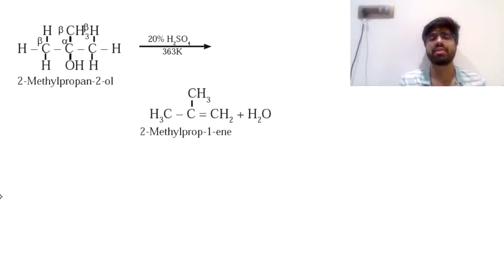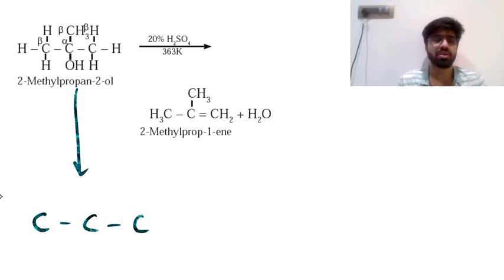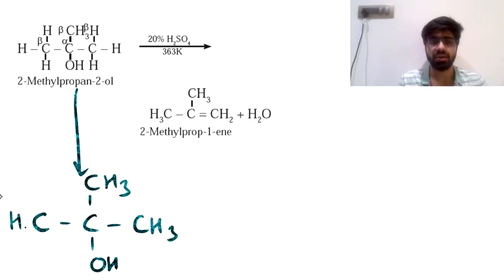In a similar way, check this tertiary alcohol case. Let's write that compound properly. It is 2-methyl propan-2-ol. So propanol means 3 carbon atoms, and on the second carbon there is a methyl as well as OH. So there is a methyl group here, OH group here, CH3 here and CH3 here. This OH is attached with a tertiary carbon atom, so it can come out most easily compared to secondary and primary.